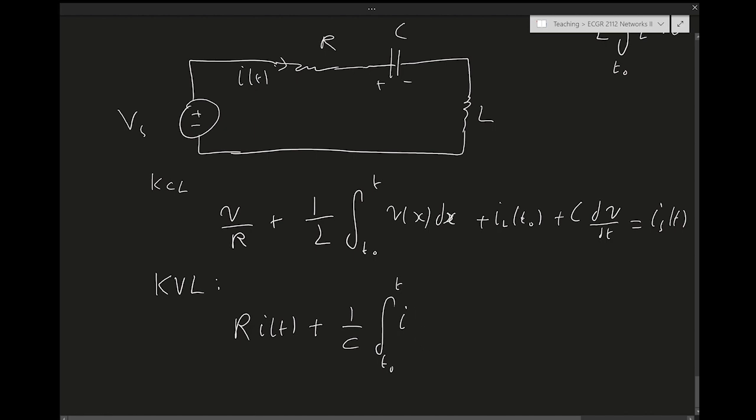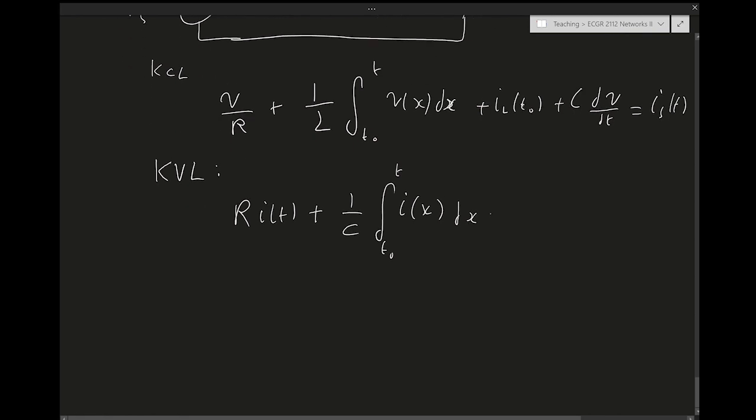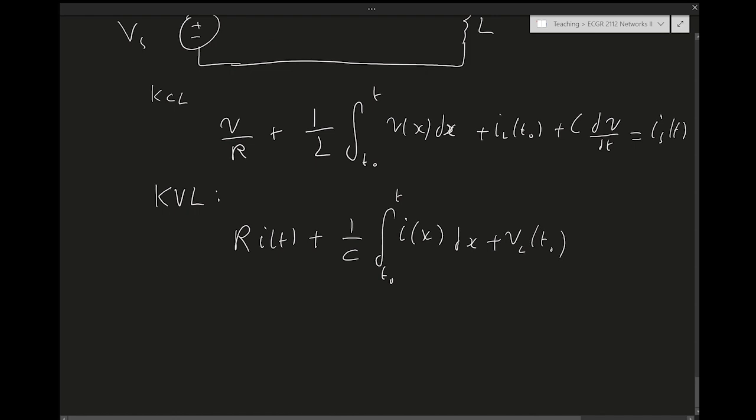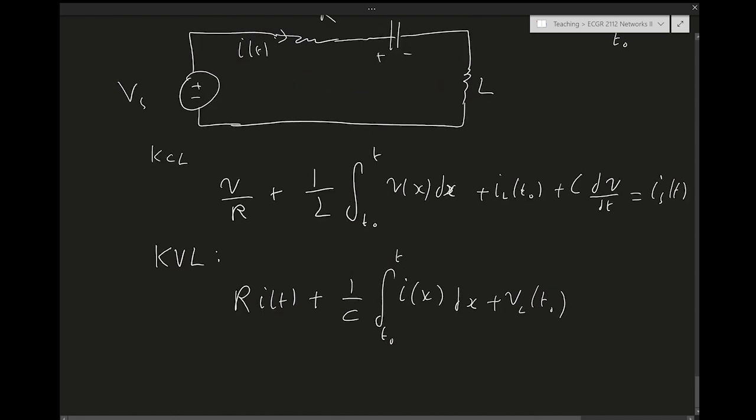That's the relationship for a capacitor: we differentiate the voltage to get the current, and we integrate the current to get the voltage, right? Plus the initial condition for the cap. The cap could have an initial voltage on it, plus the voltage across the inductor, which is simply L di/dt, equals V_s(t).